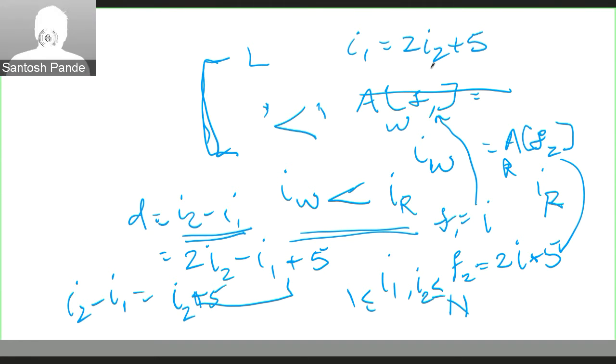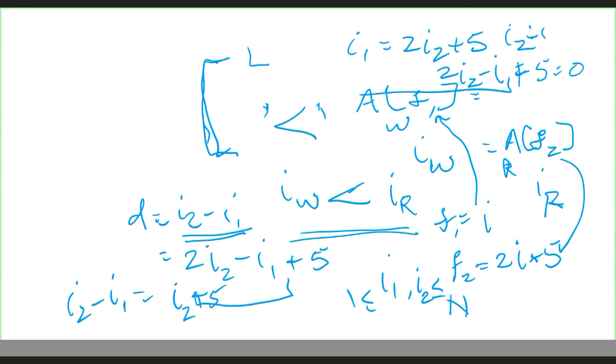If you look at this, 2I2 minus I1 plus 5 equal to 0, and I2 minus I1, let me write it here, sorry, I2 from here.